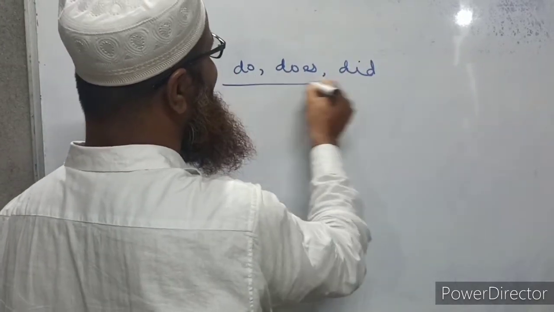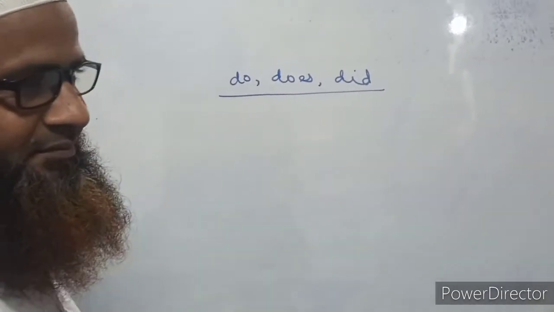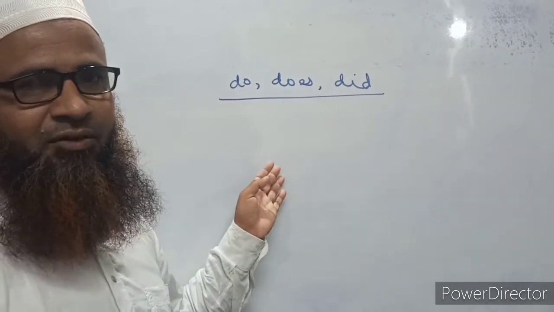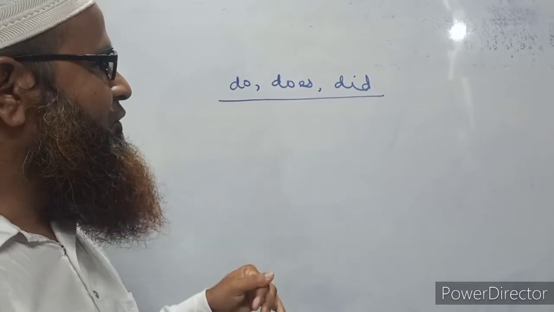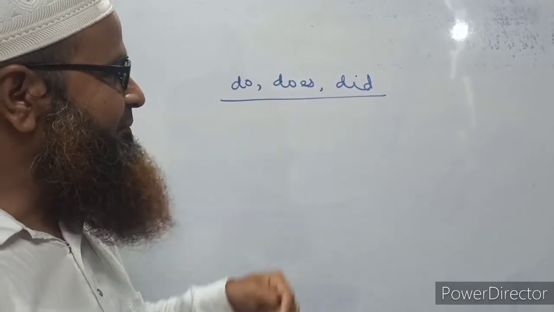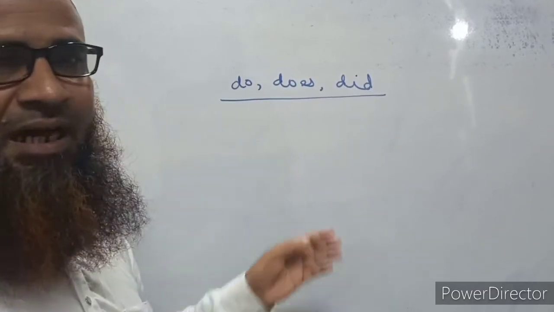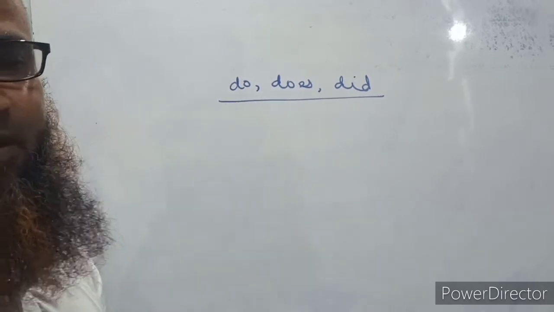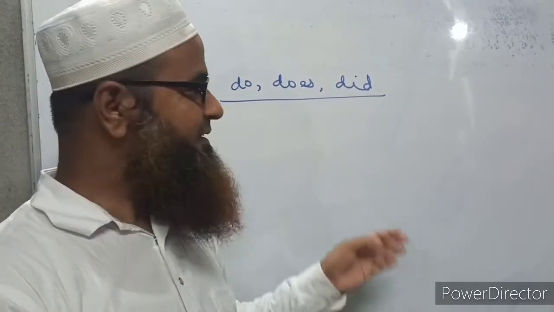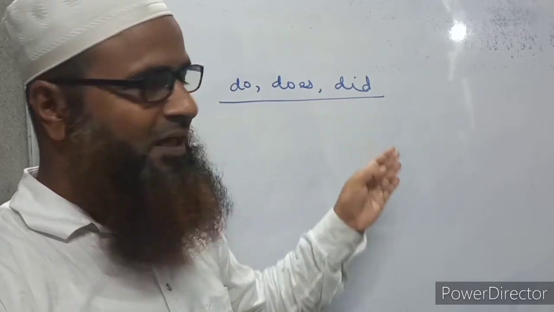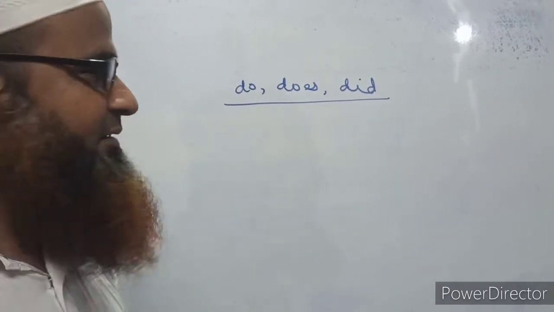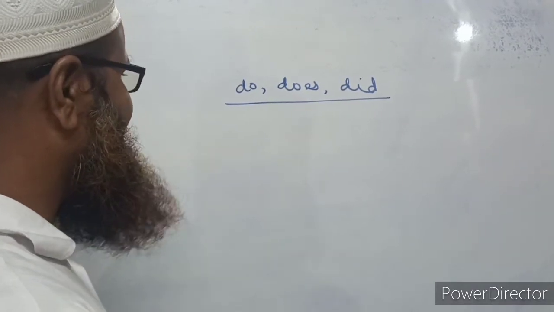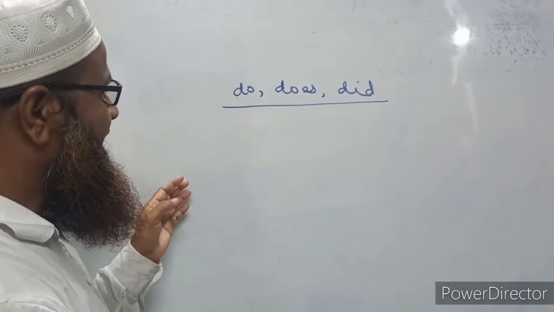In present tense, we take the help of do and does. When the verb is without s or es and it is in present form, we take the help of do. And when the verb is in present tense and the verb is with s or es, then we take the help of does. And it is clear in the past tense: if the verb is in the past tense, we take the help of did. So I am giving some more examples which will clear our doubt.